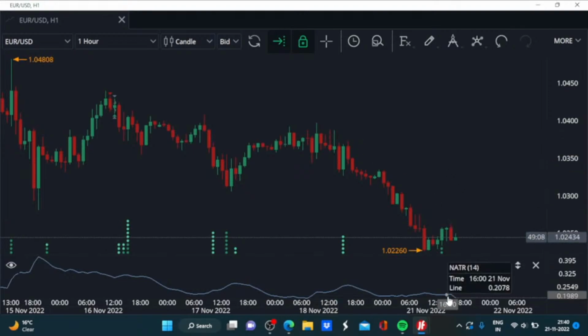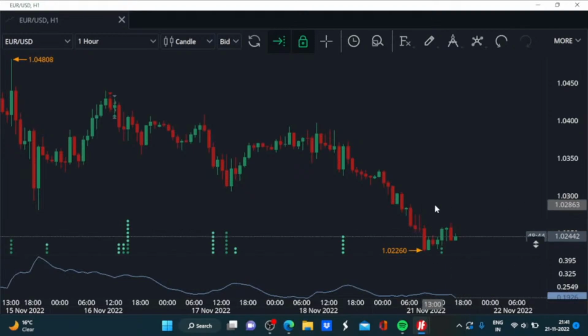If we have the ATR for 20 pips in case of Euro USD, then for NATR it will be closer to 0.2, as we have taken into consideration the instrument's price, which is roughly closer to 1. It is a little over 1, but I am taking it as 1 for simplicity purposes.